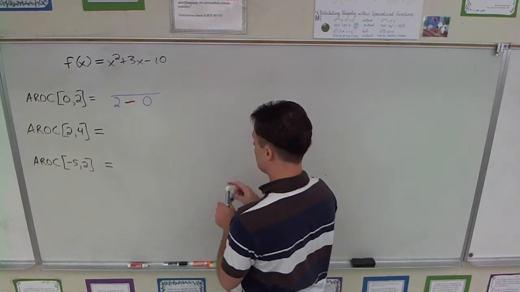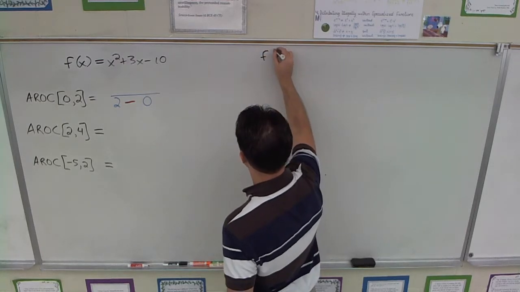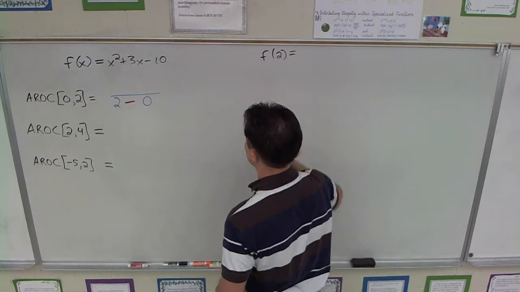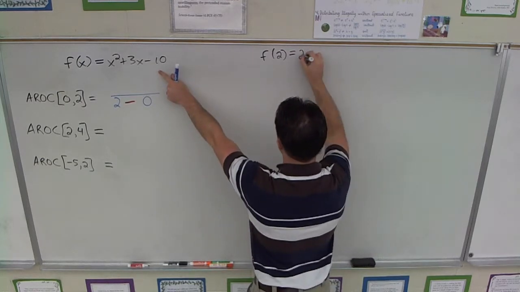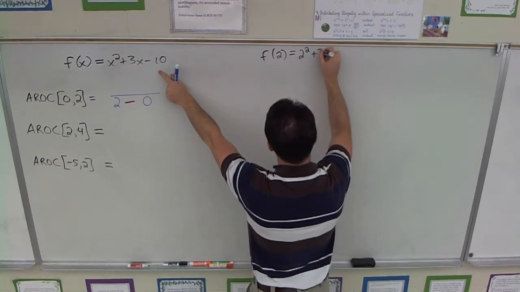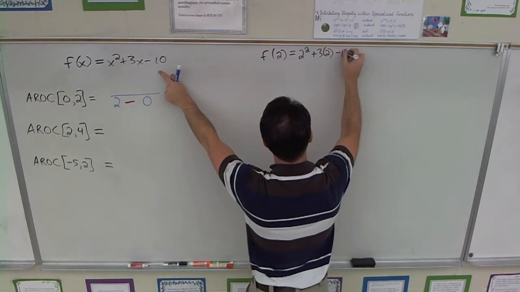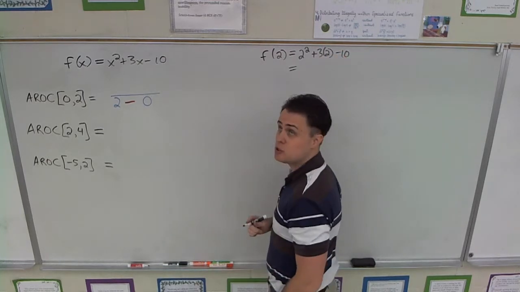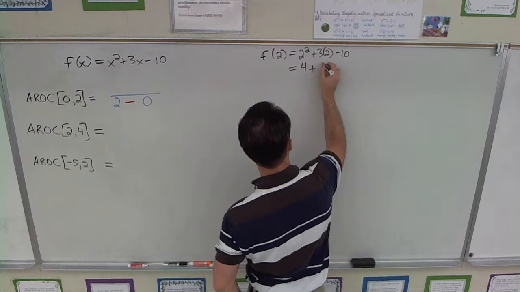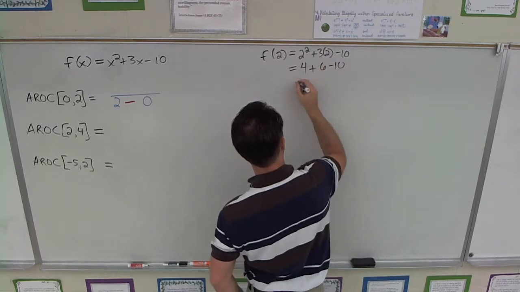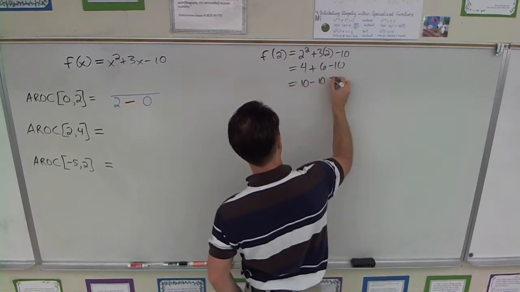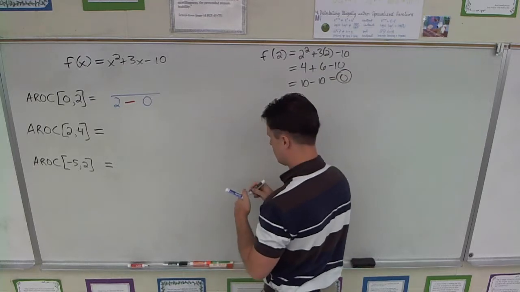So let's do that work off to the side, a little bit of scratch work. First I'm going to plug in 2 into the function. So that's going to be 2 squared plus 3 times 2 minus 10. Use order of operations here. So exponents first, then going to multiply, and I get 0 out for this one.